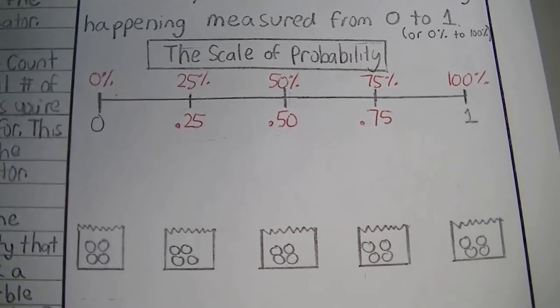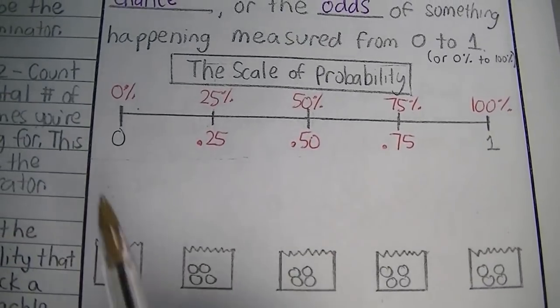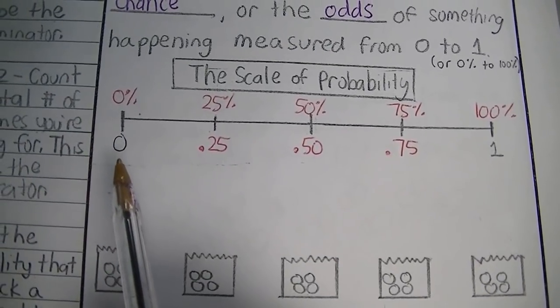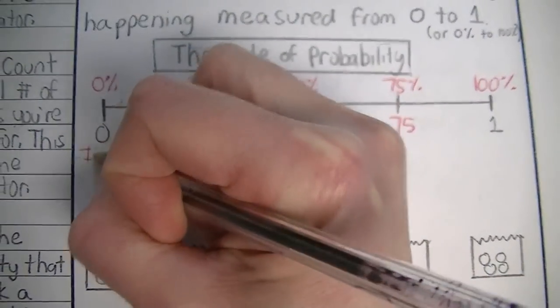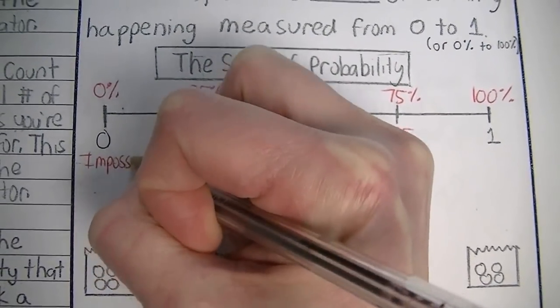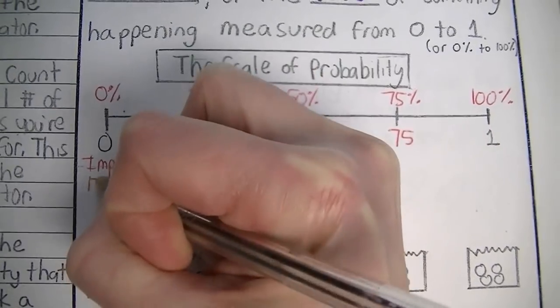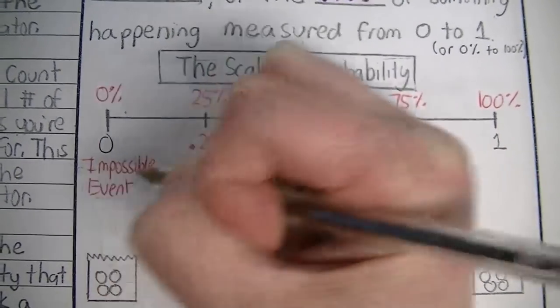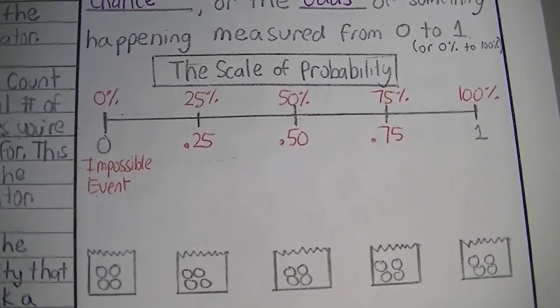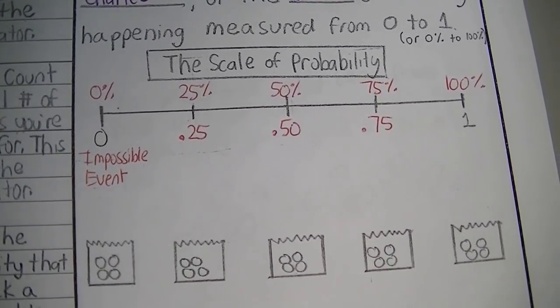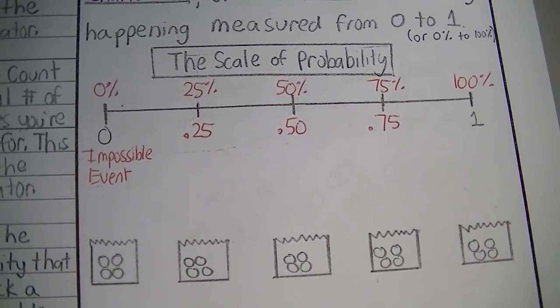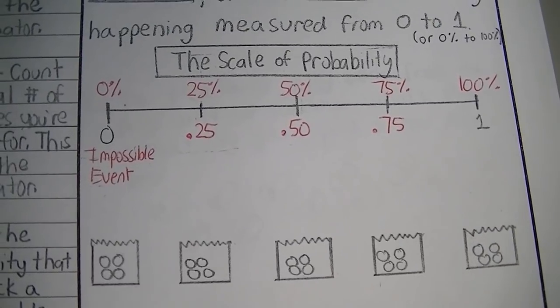Okay? So if something has a probability of 0, that means it's an impossible event. It totally can't happen. Okay, so maybe an example would be like, if you looked out the window right now, you would see a dinosaur looking in the window right back at you.